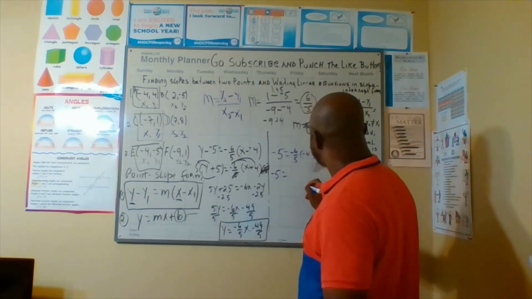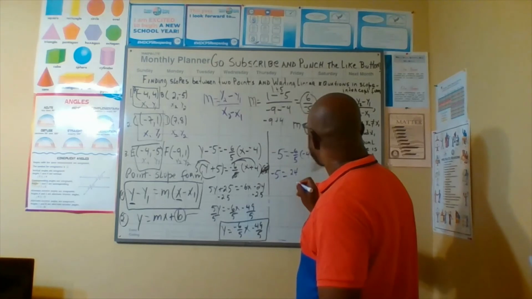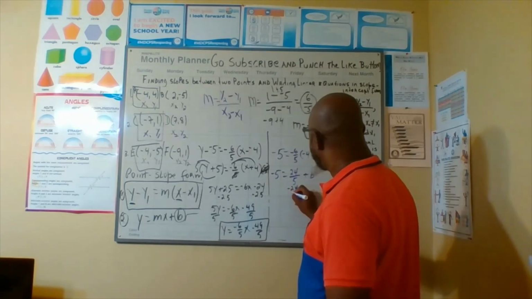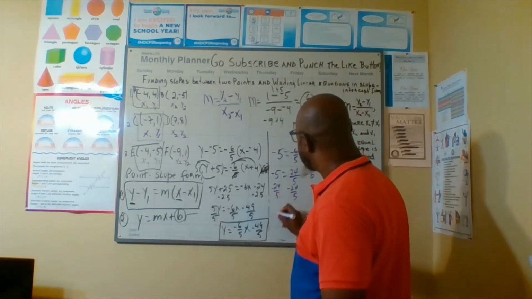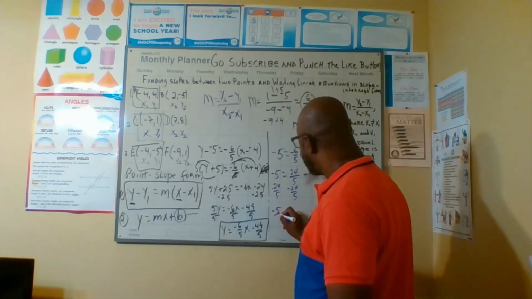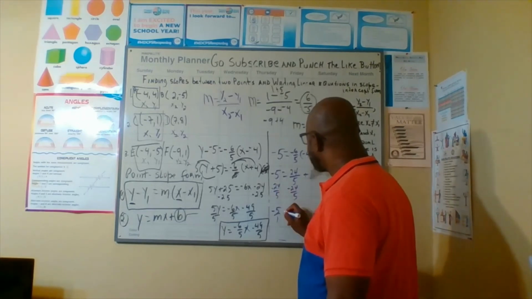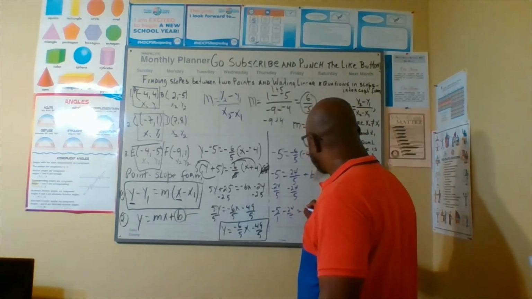Use this relief property, that's going to give you 24 over 5 plus b. I'm going to subtract 24/5 on this side. Do the same thing. 24/5. So you will have -5/1 minus 24/5 is equal to b.